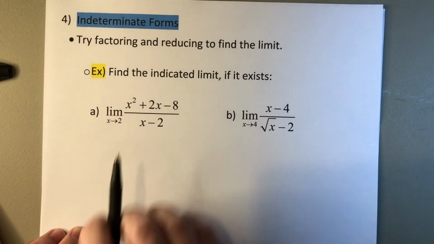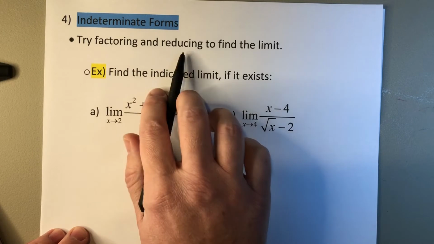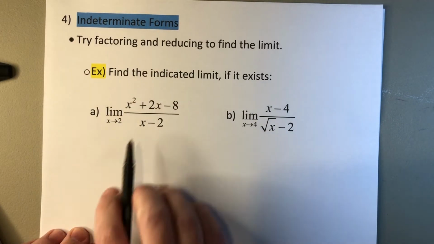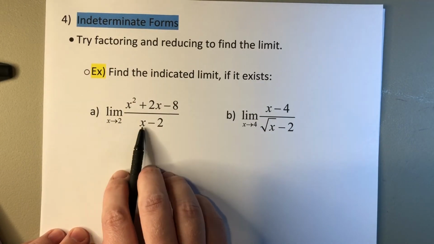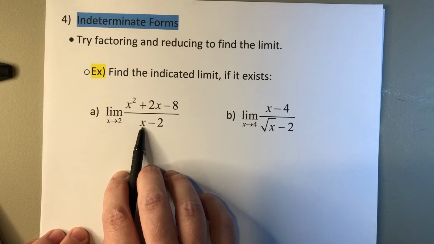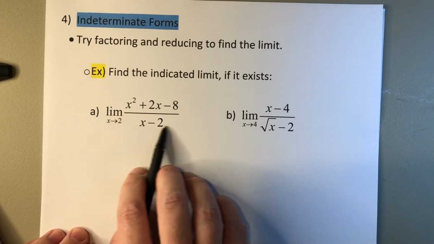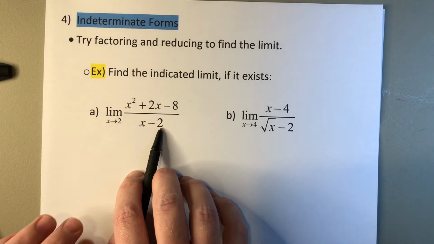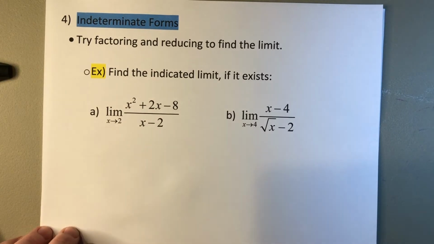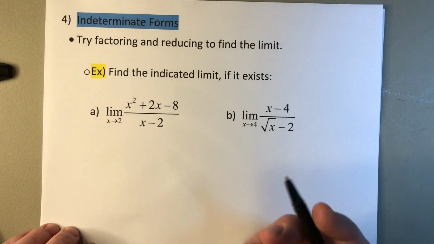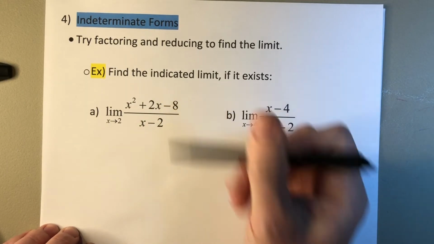One thing we can do is factor first and reduce second. So do you see that if we plug in a 2 into this x specifically, in the denominator, you get 2 minus 2, which is 0. That's going to definitely give us an undefined situation, at least if not indeterminate. Okay, and it does end up being indeterminate because you get a 0 over 0.